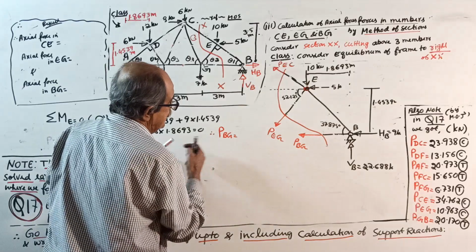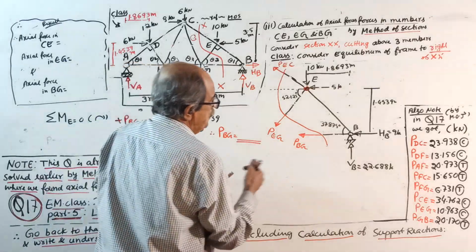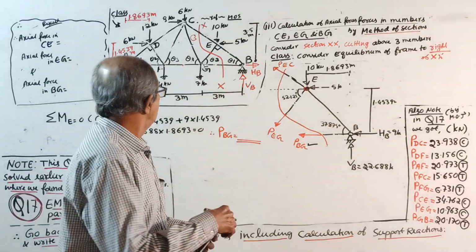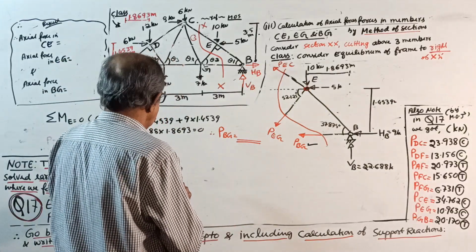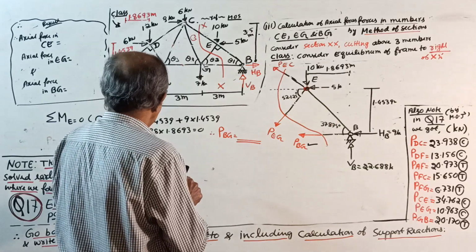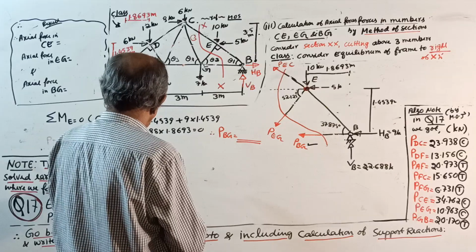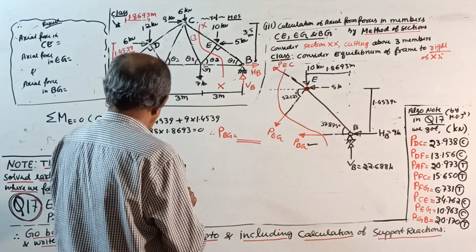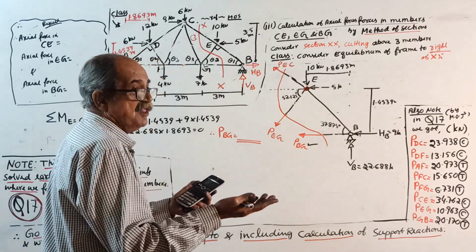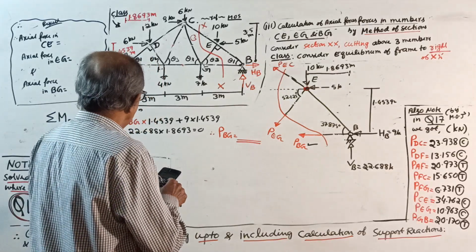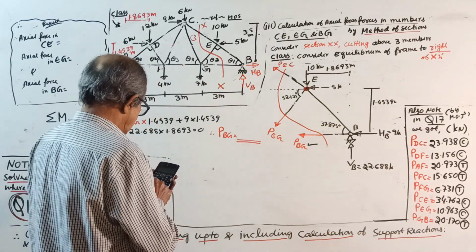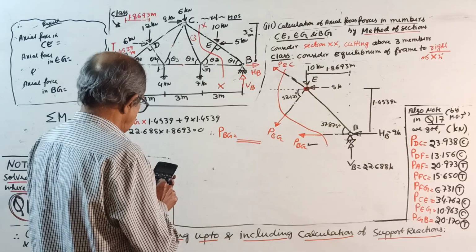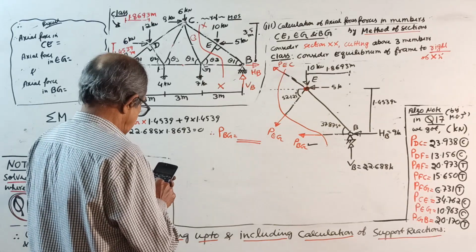PBG will come in kilonewton. So now you know the PBG value. Nine into 1.4539 minus 22.688 into 1.8693.